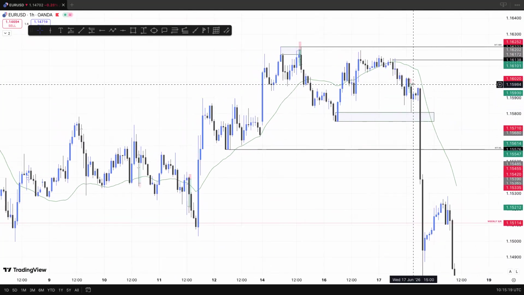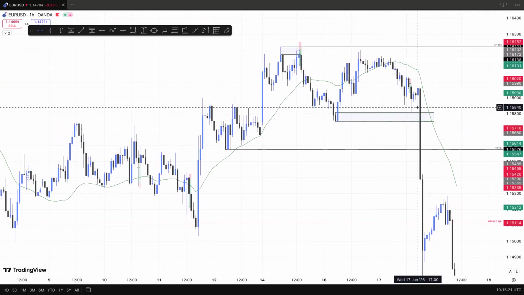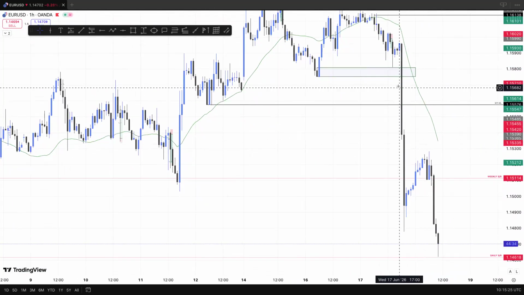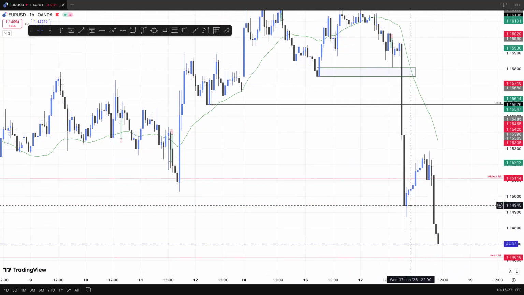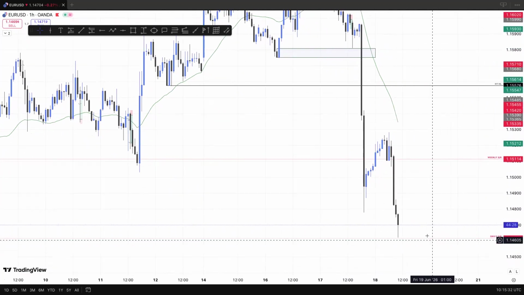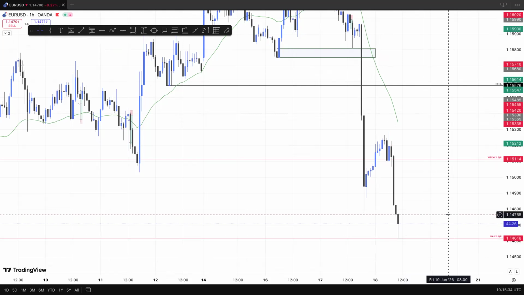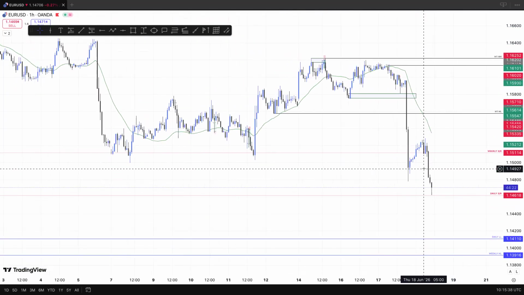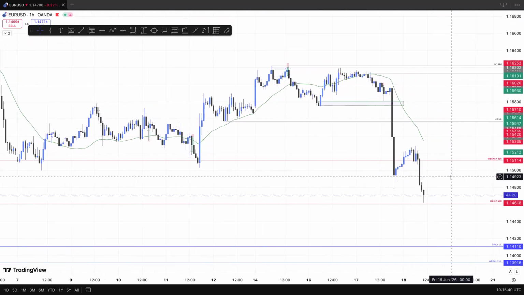And yesterday, price did so to the T, got to this demand, broke this demand, and now price is currently touching a daily support or resistance. All right. Euro USD is now bearish. So where are our next targets or levels for Euro USD?